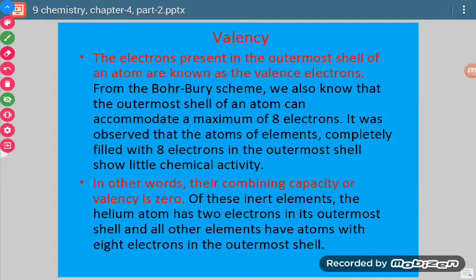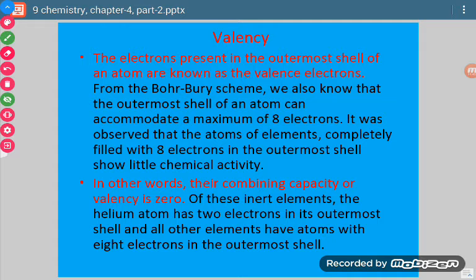Okay, now from the Bohr-Bury scheme we also know that the outermost shell of an atom can accommodate a maximum of 8 electrons. It was observed that the atoms of elements completely filled with 8 electrons in the outermost shell show little chemical activity.